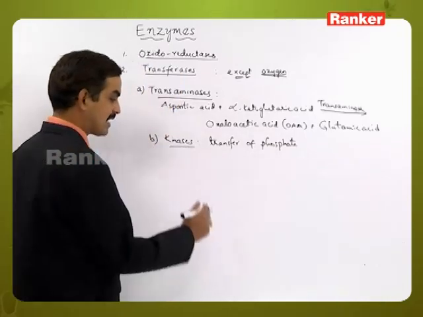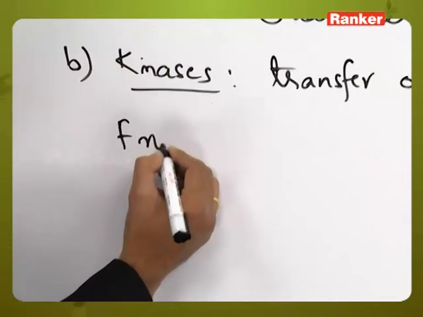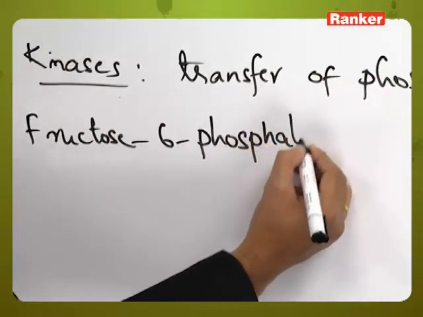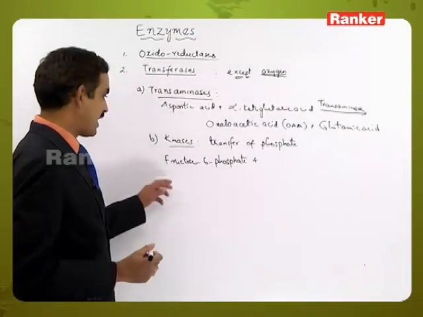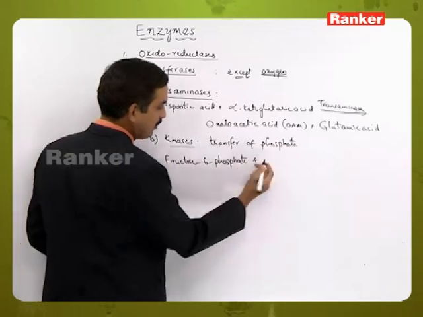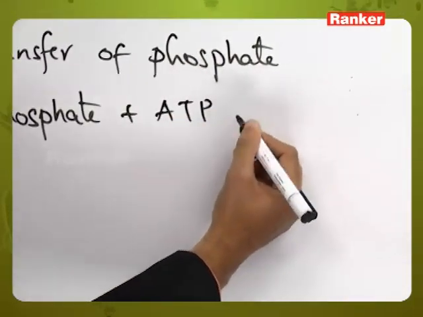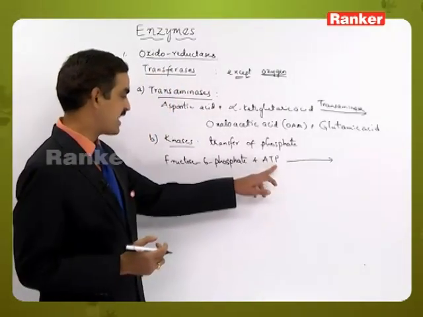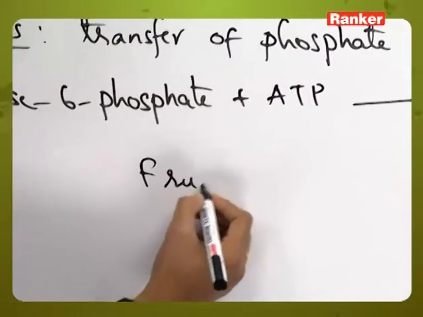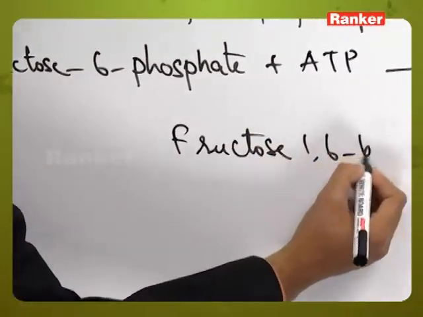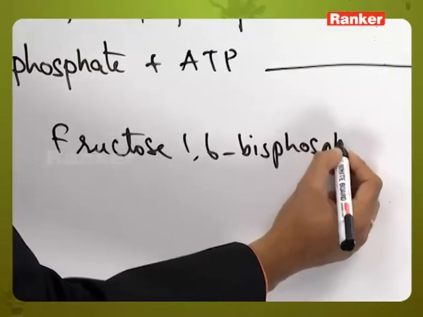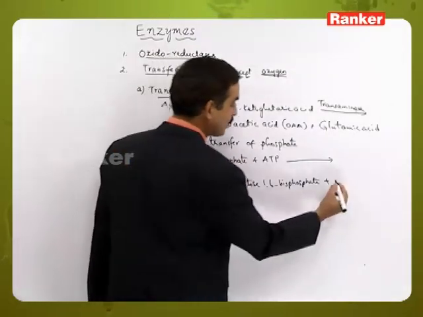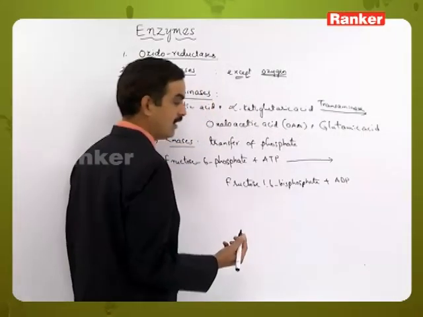Let us take an example from glycolysis: fructose 6-phosphate, a 6 carbon compound, will react with ATP and take up one of the phosphates present in ATP to form fructose 1,6-bisphosphate, and the ATP losing one phosphate is converted into adenosine diphosphate, that is ADP.